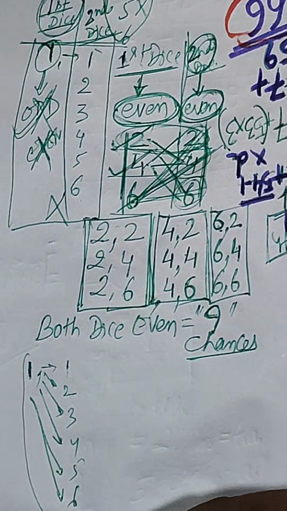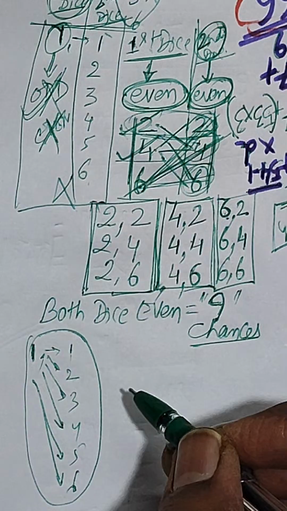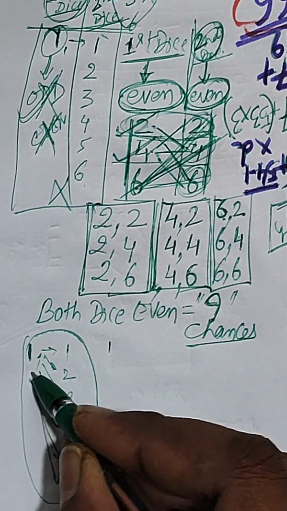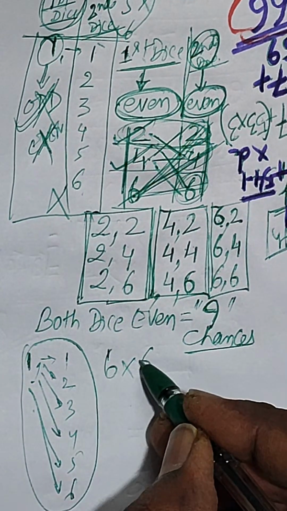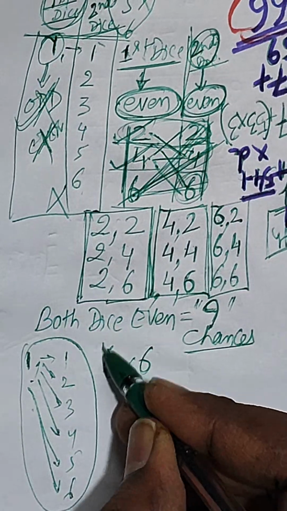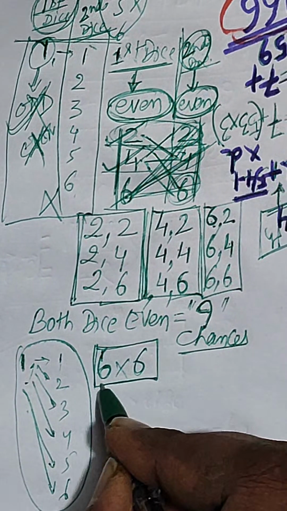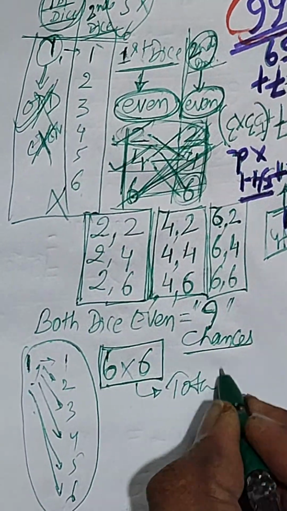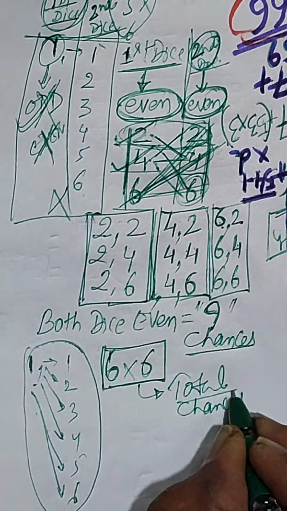With 1, these 6 options. And again 6 options with 2, 6 options with 3. So total such options will be 6 into 6. This is the combination: 6 into 6, 36. This is the total chances which can come.